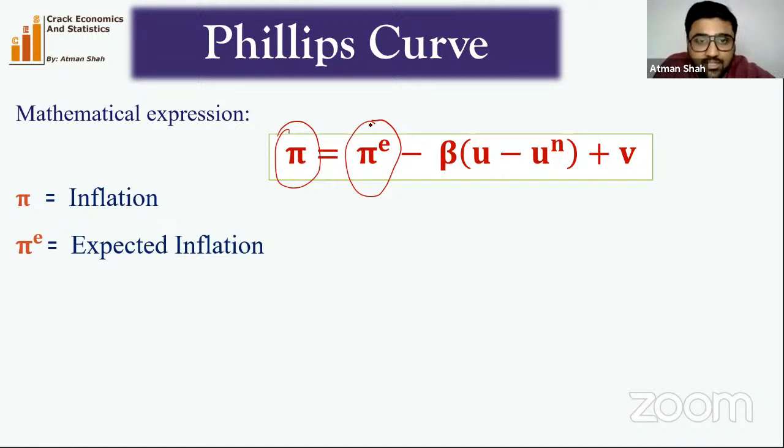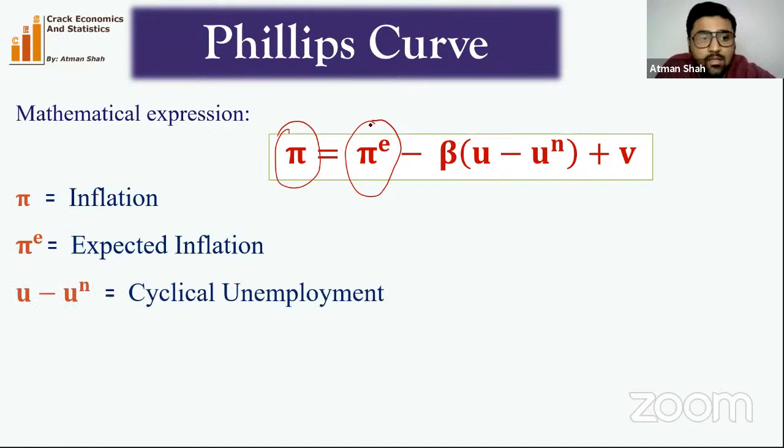First is expected inflation, that is pi e. Second is the cyclical unemployment, that is the deviation of unemployment from its natural rate. So this UN is the natural rate, and U minus UN is the deviation from the natural rate of unemployment. That shows the cyclical unemployment.